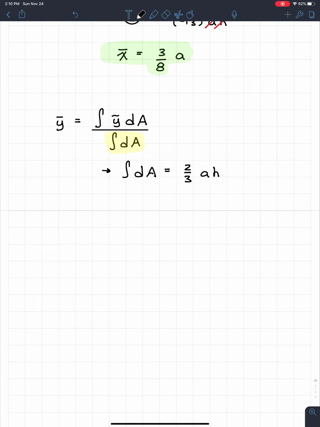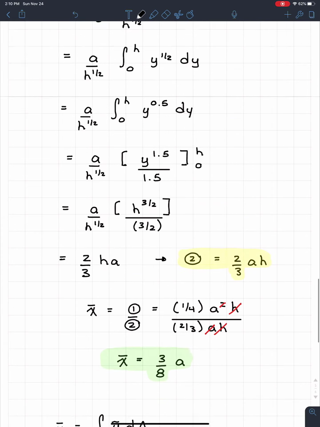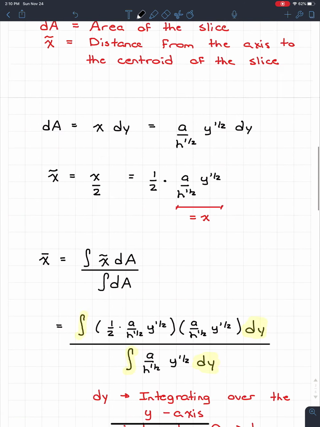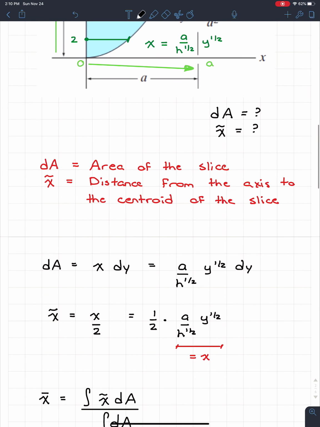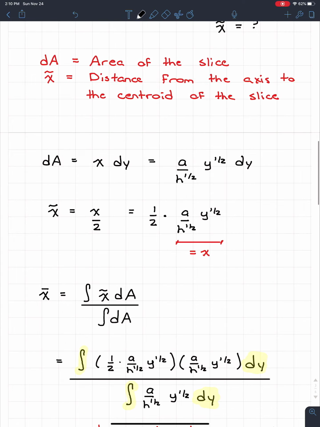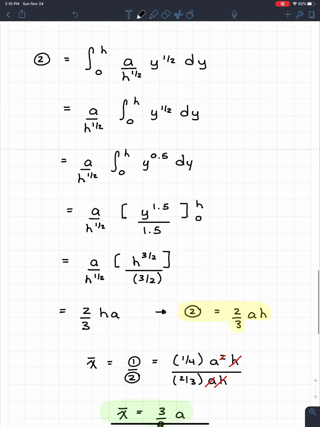So it's kind of nice to have it handy. And we also know that dA, just dA in general, because we're going to need this for the top integral, well, we already know what dA is equal to. If we come up here, we know our dA is equal to x times dy, or a over h to the 1/2, y to the 1/2.